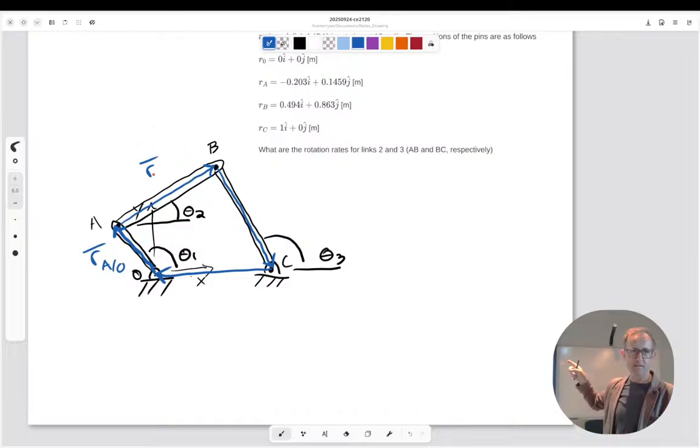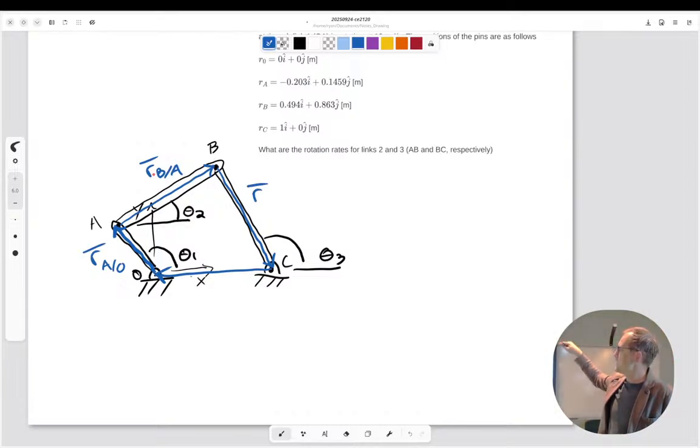What is this vector? What's it pointing at? AB, yeah, but this one's the position of B with respect to A. There's just a negative, whether it's positive or negative. So R_BA.